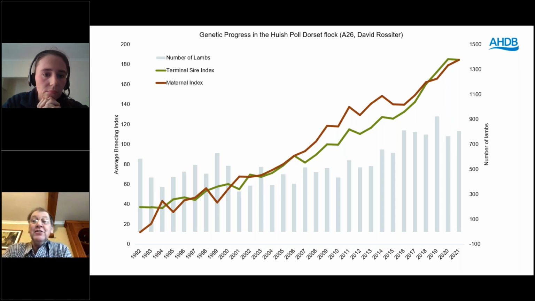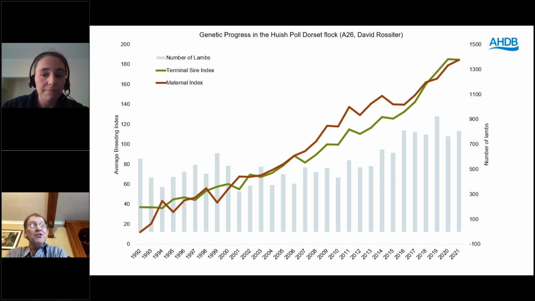On that basis, we had a negative EBV at 8 weeks of minus 1.55. In 2020, that was plus 1.42. So we've gained nearly 3 kilograms on our EBV. And it's that positive contribution.